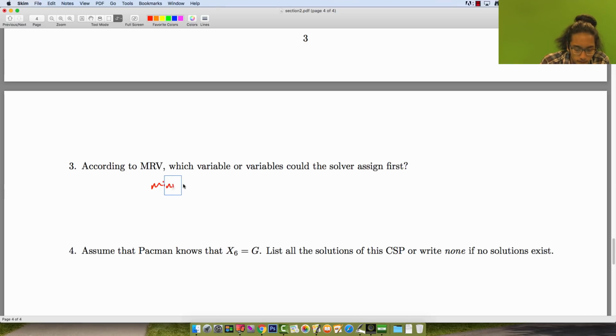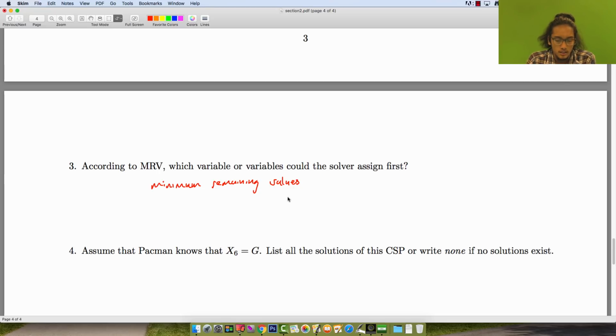Minimum remaining values. And the idea of this is basically, when backtracking search is to decide which variable it is going to assign a value to next, it looks at all the variables and it chooses one of the ones which has the least number of values left in its domain.